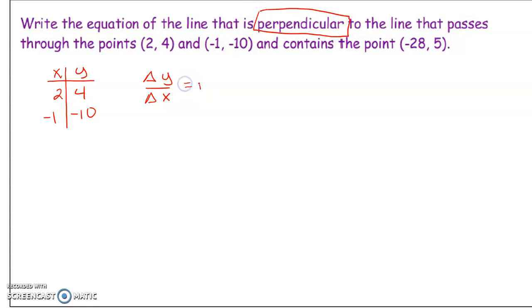So you will find your slope, then you're going to find your perpendicular slope, and this is your x1 and your y1, and you're going to set up your information into the point slope form of y minus y1 equals, and you're going to use your perpendicular slope here, times x minus x1.